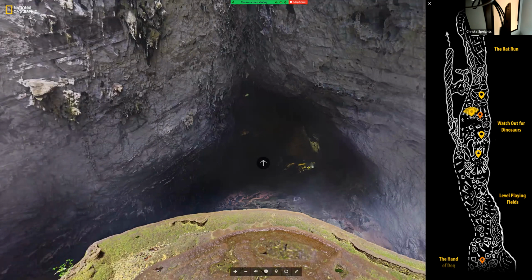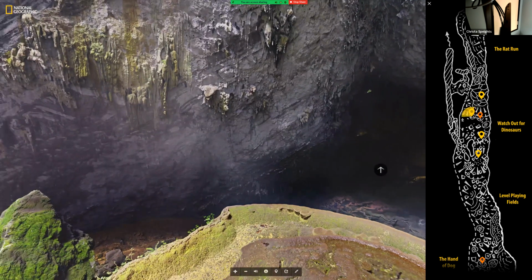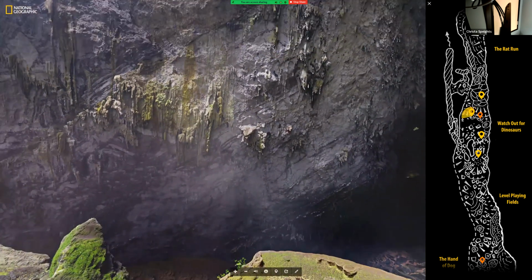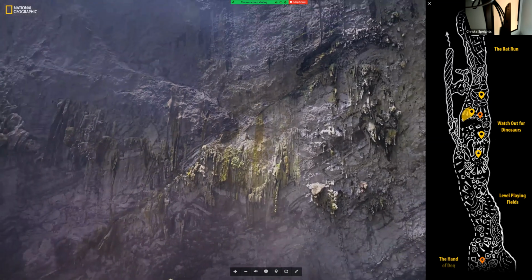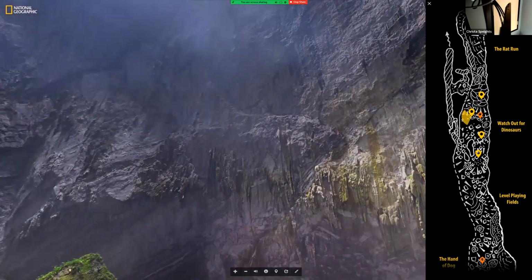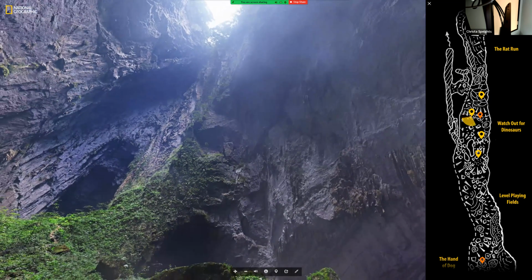And so we get the view from on top of that stalagmite. These pictures were taken, I think, with a kind of camera called a GigaPan, and you can get super high resolutions at pretty far away.